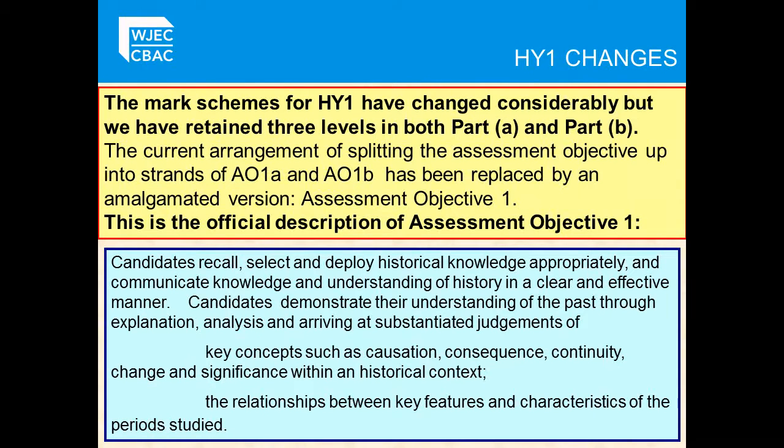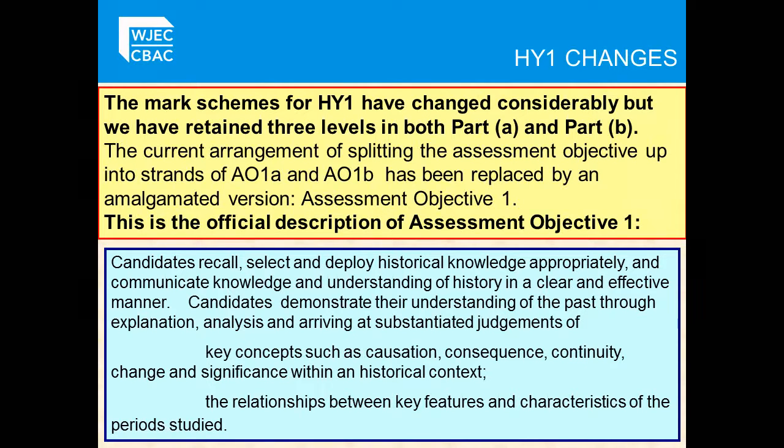Perhaps the most significant change to HY1 is in the provision of a more detailed, new style mark scheme. We have agreed with the examinations regulators to combine the older A01A and A01B strands into one to reflect the demands of Assessment Objective 1.